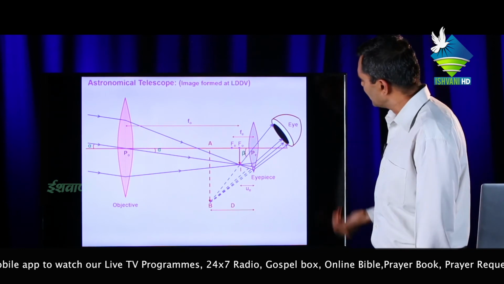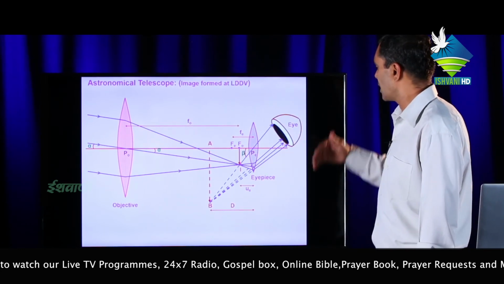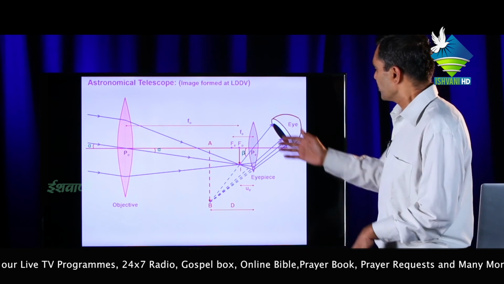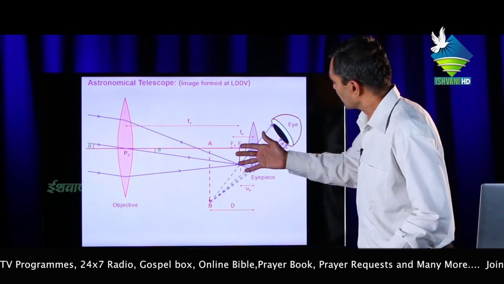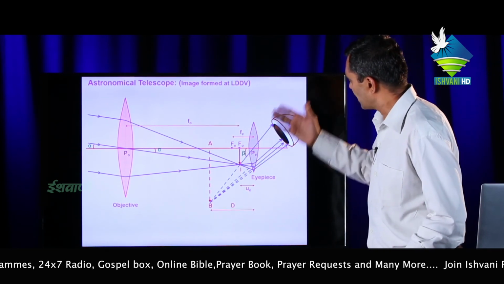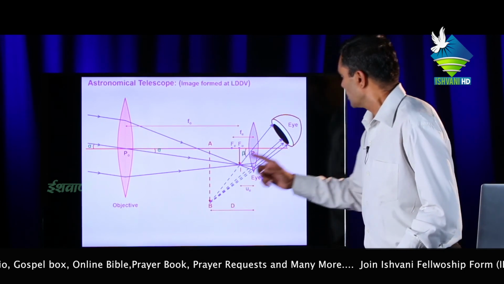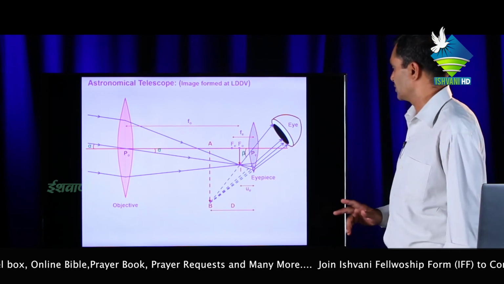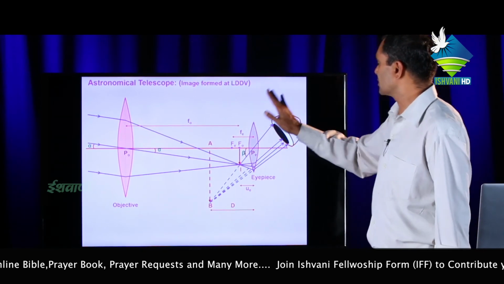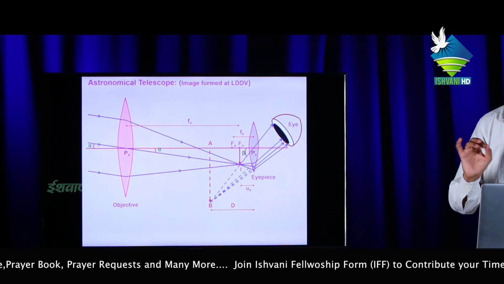And if an eyepiece or eye lens is introduced, then this is the object for the lens and the image is formed at AB. Means this is the virtual image formed at least distance of distinct vision D.